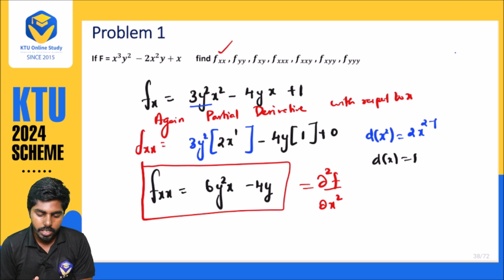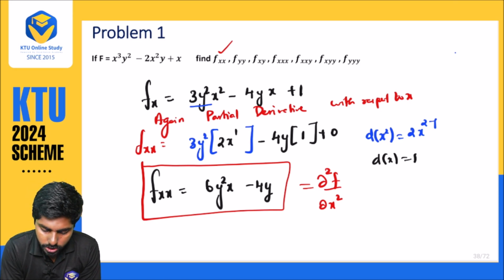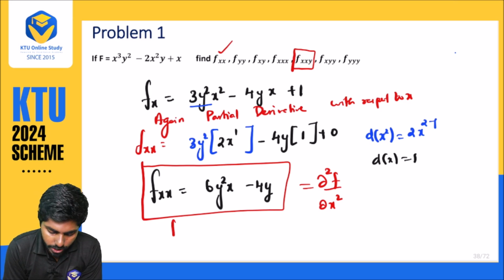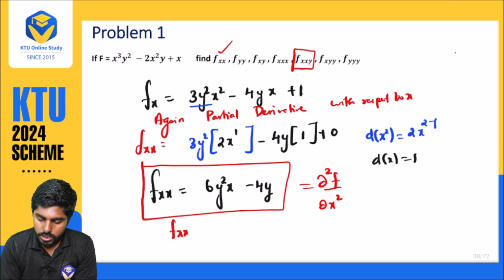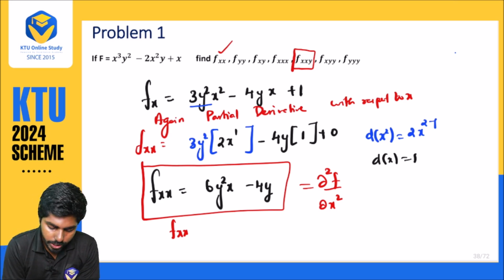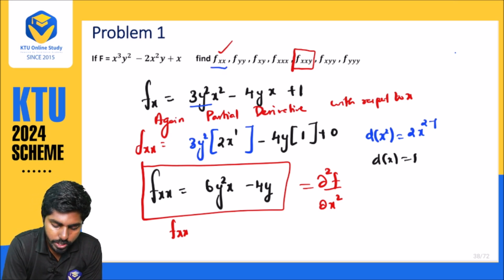Now, here if you observe, it is third order. We have already identified f of x comma x, and here they have asked for y. That means again a derivative. The first one is solved.